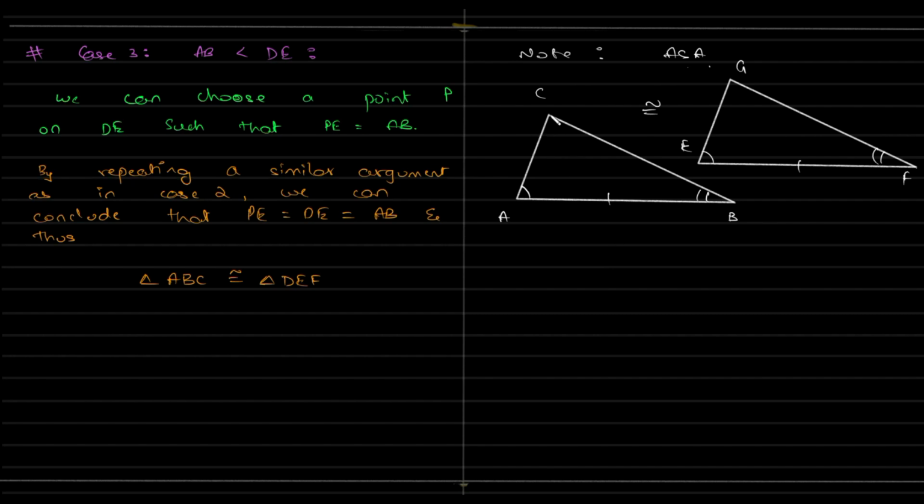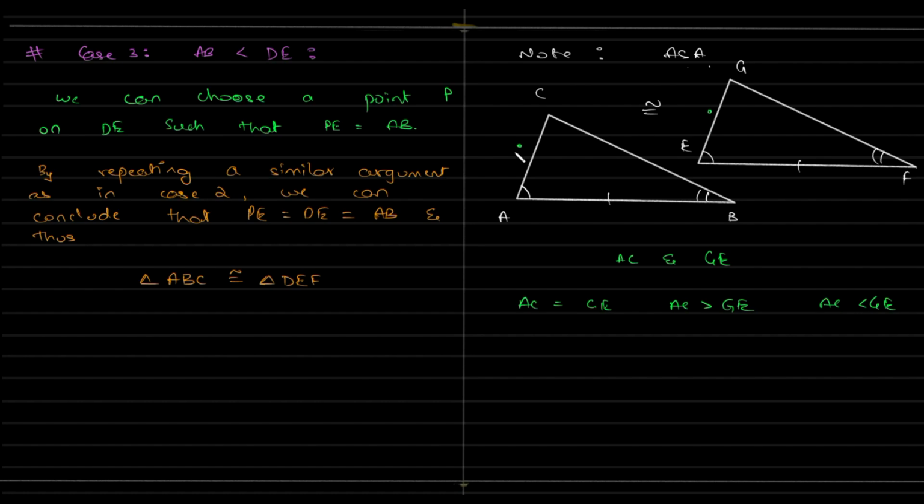We are confused about the sides. The angles are equal, but we don't know about the sides. So if you are able to somehow figure out if AC is equal to GE or any of the sides, then by SAS we are able to prove that these two triangles are congruent. So there are three possibilities between AC and GE, right? AC can be equal to GE, AC can be greater than GE, or AC can be lesser than GE.